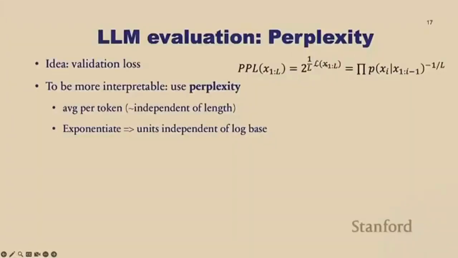When you exponentiate, you have everything in units of vocabulary size. The average per token is just so that your perplexity is independent of the length of your sequence. So perplexity is just 2 to the power of the average loss of the sequence.